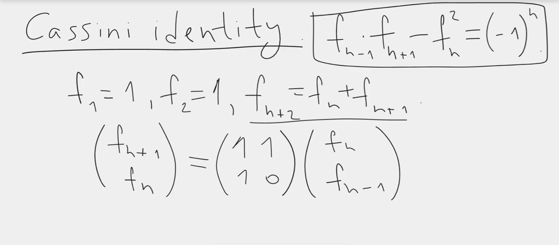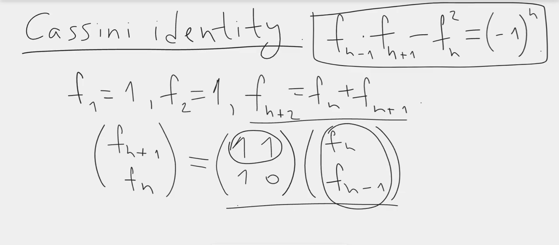And we can verify this directly. Let's consider this multiplication. When we multiply the first row by this column, we get f(n) plus f(n-1), which should be equal to f(n+1), right?